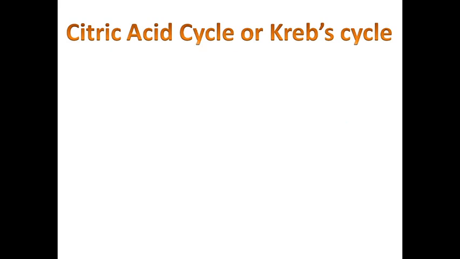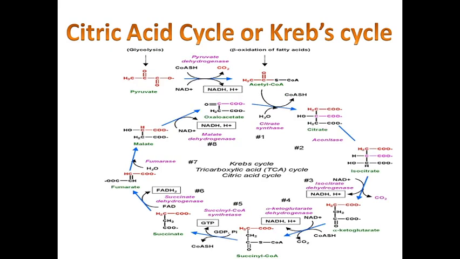So here we have the citric acid cycle or the Krebs cycle. Please have a look. Here we have pyruvate from glycolysis, and in the presence of the enzyme pyruvate dehydrogenase, it gets converted to acetyl coenzyme A. Now this acetyl coenzyme A combines with oxaloacetate, OAA, a 4-carbon compound.